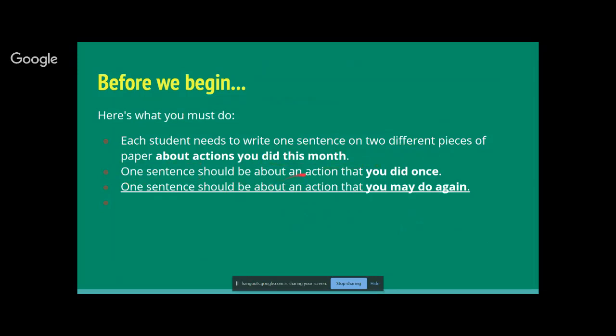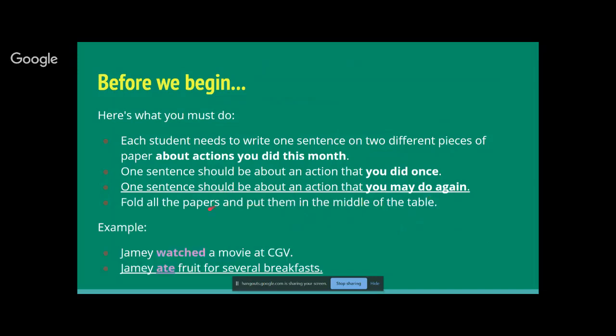One sentence should be an action that you did only once, and one sentence should be about an action that you may do again. And when you are finished writing all of these actions, fold them and put them in the middle of the table.